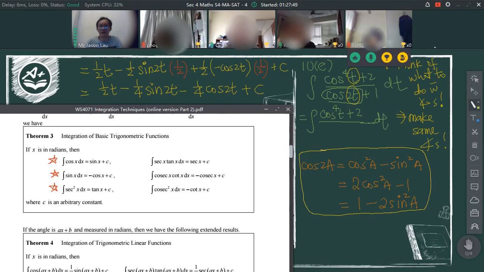Cosine is always the tricky one, because cosine has options. Options not always good. Next time you go uni, wow, it's good to have options. You can go to the best uni, the lousiest uni, the US, the UK, good. But sometimes with too many options, people don't know which one to choose, and then very frustrated. So here, three formulas. Which one to use?